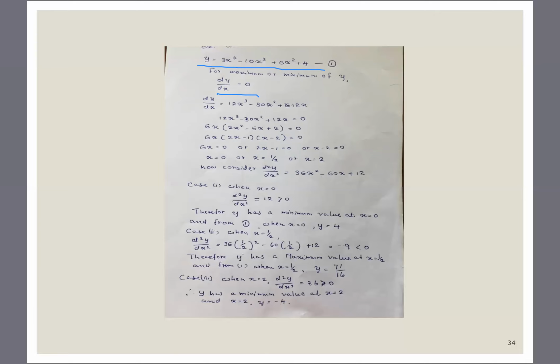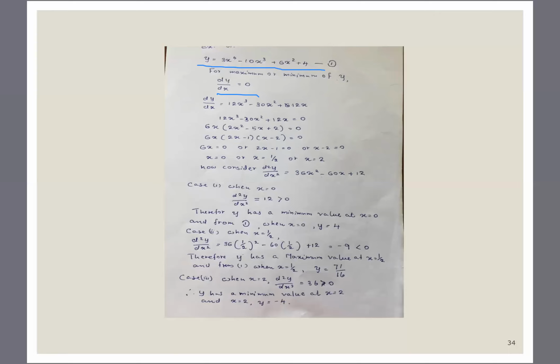And x minus 2 equal to 0 means x equal to 2. So we got the three values for x. That means when x equals 0, half, and 2, the given function has a maximum or minimum value at those points.